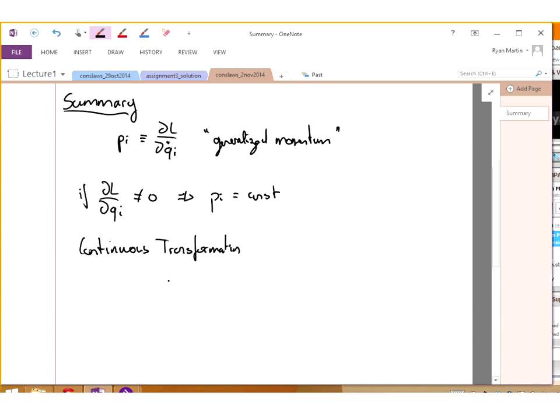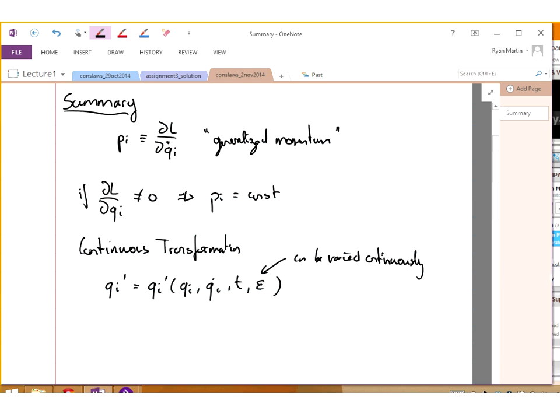So that means that you could have a new set of coordinates, Qi primed, which are a function of the Qi, Qi dots, and time, and some parameter epsilon. And that parameter epsilon can be varied continuously. So you can make that transformation as small as possible.